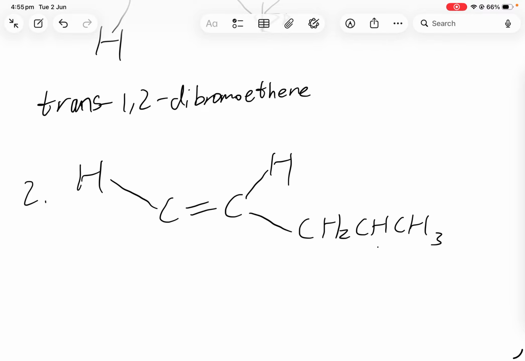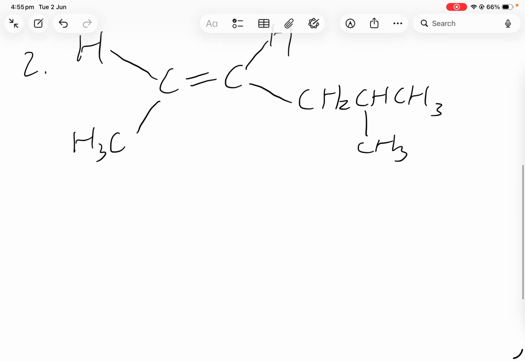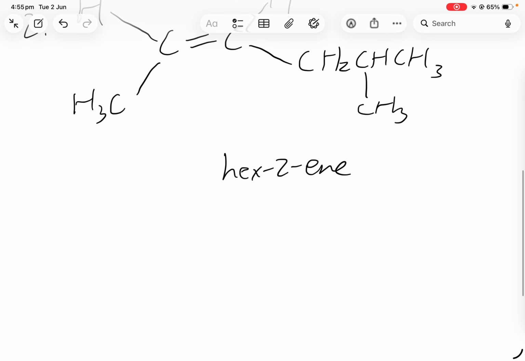Okay, I'm gonna do a second one, and it's like this: CH3. This one has a CH3, this one has a CH3. So the longest chain we'll find is 1 2 3 4 5 6, so it's a hex-2-ene, and this is a cis.